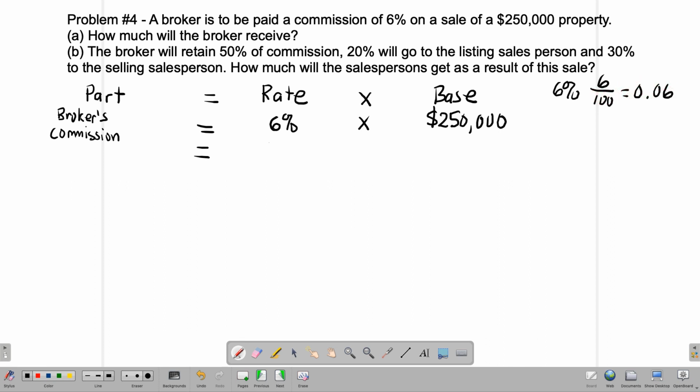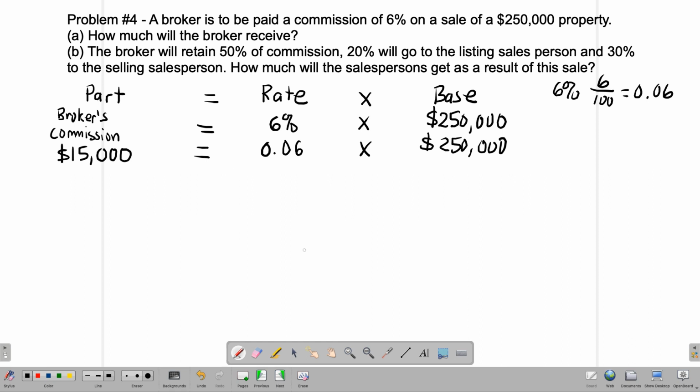We replace that with 0.06 times 250,000, and it shows that the broker's commission is going to be a value of 15,000. And this is what we wanted to show for part A.